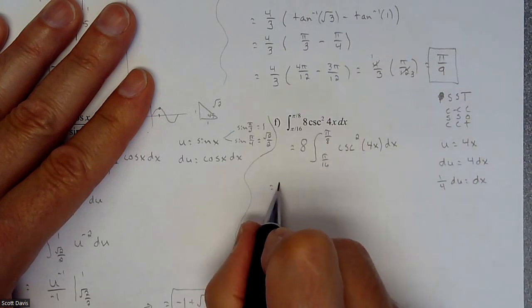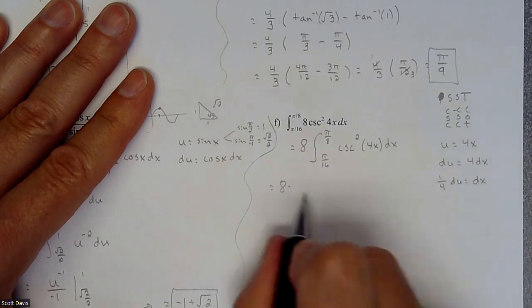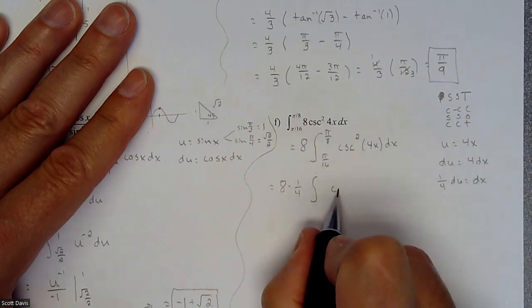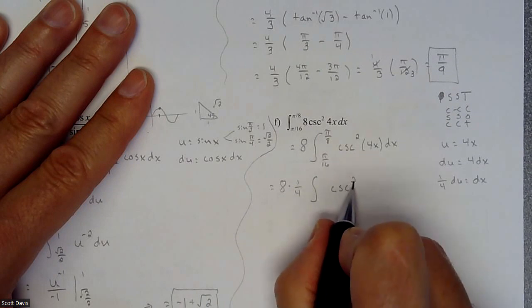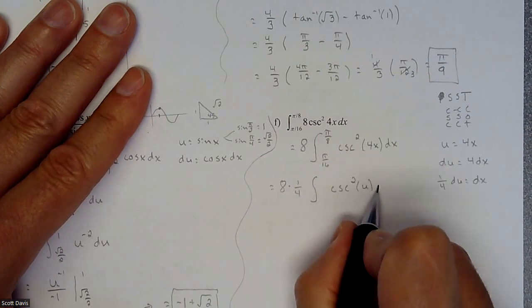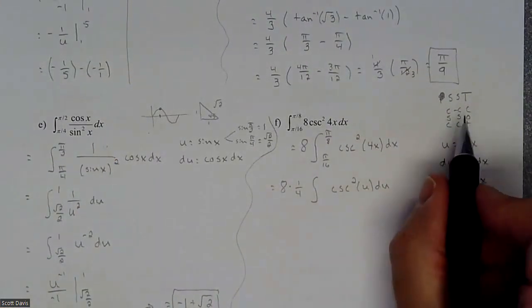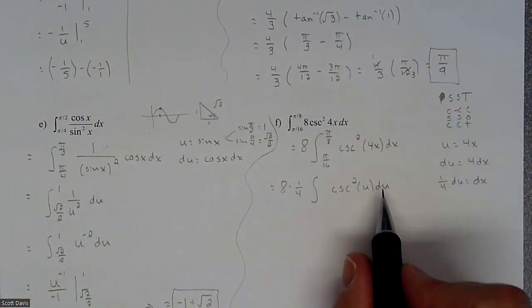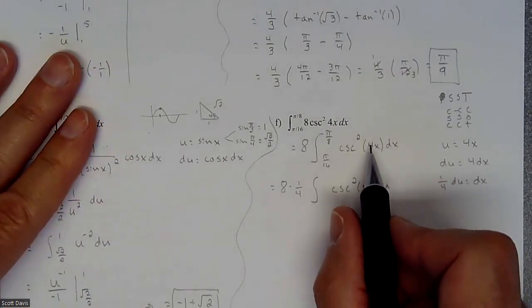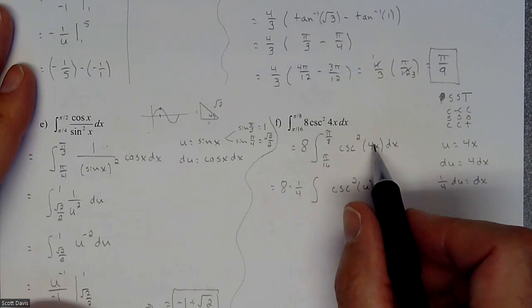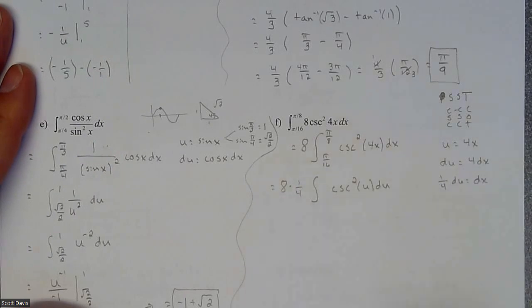And so we're going to rewrite things. I'm going to sub in the 1/4. And this is now going to become a cosecant squared of u du. All right, because this works perfectly with the formula. And we have that 1/4 in there because of the chain rule: if you did the derivative, the derivative of 4x gives a 4. That's going to undo it.